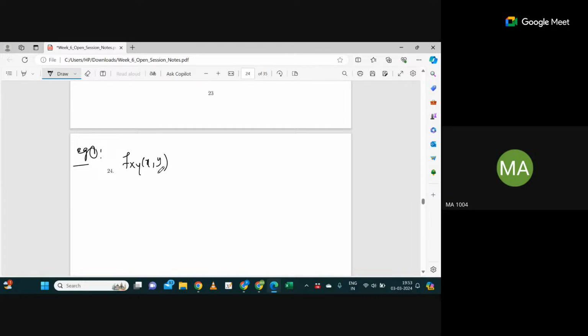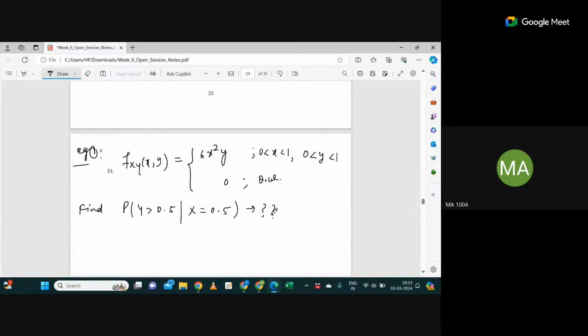Let's say this joint density is 6x squared y, for x and y between 0 and 1, and 0 otherwise. Suppose we need to find the probability that y is greater than, let's say, 0.5, given that x equals 0.5.